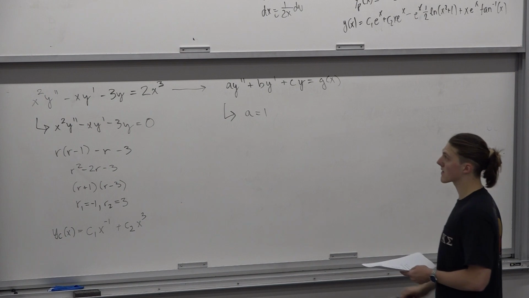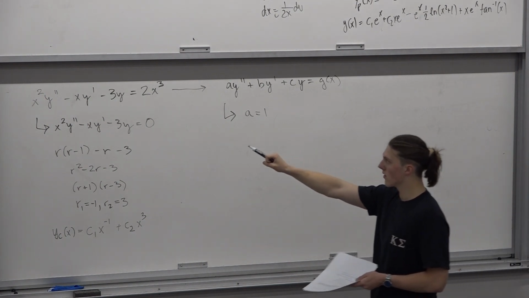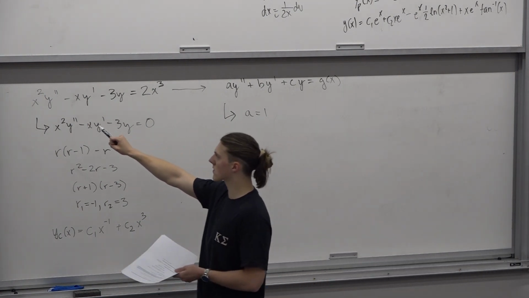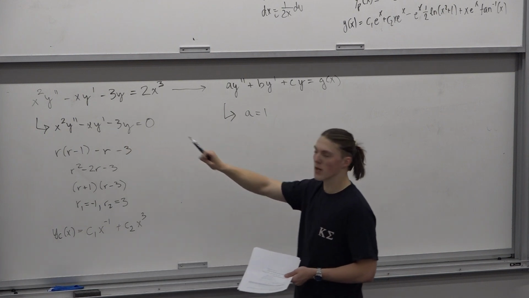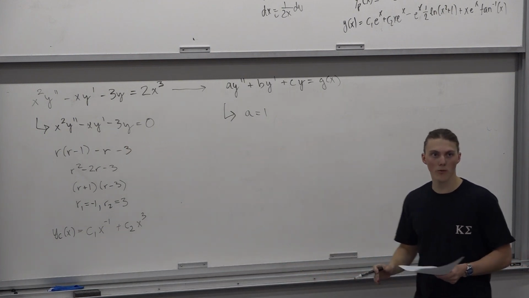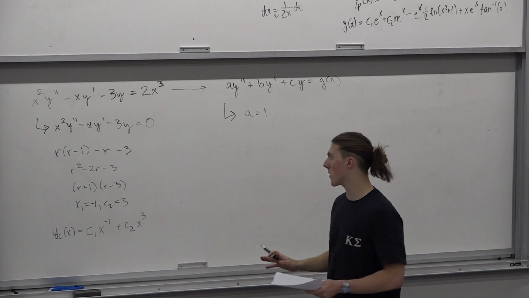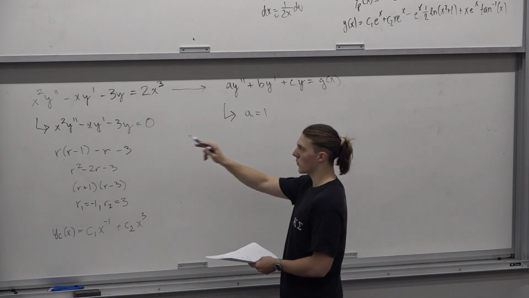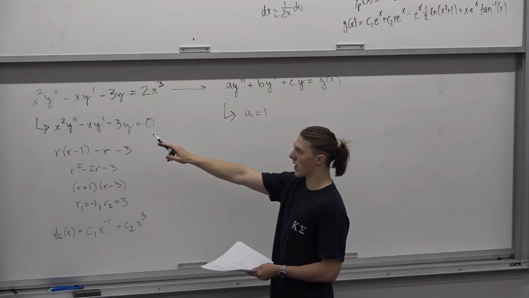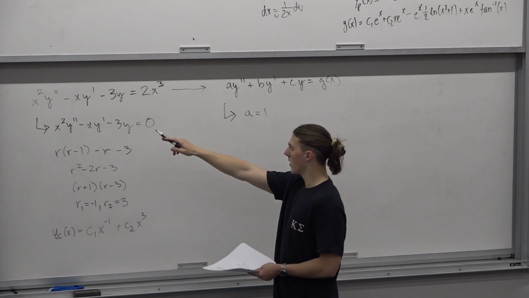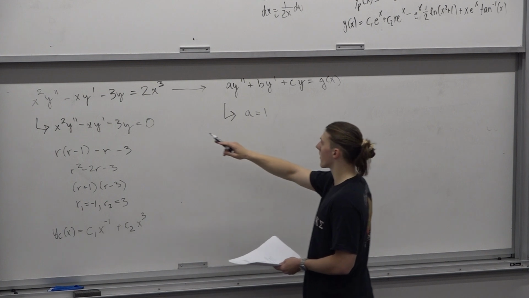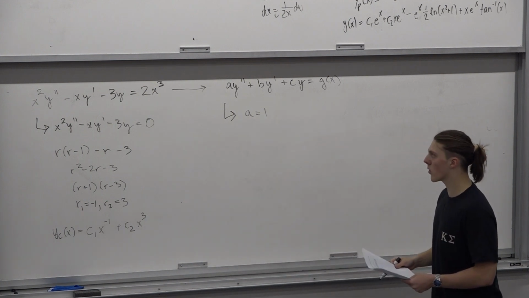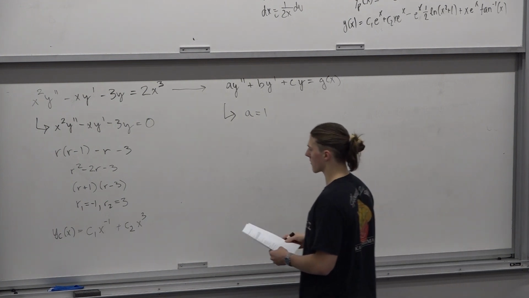So in this case, there's an x squared multiplied by y double prime. So before we go to solve it with variation of parameters, we need to rewrite that equation. We can just divide all the terms by x squared, make y double prime have a coefficient of 1, and then we can use variation of parameters.